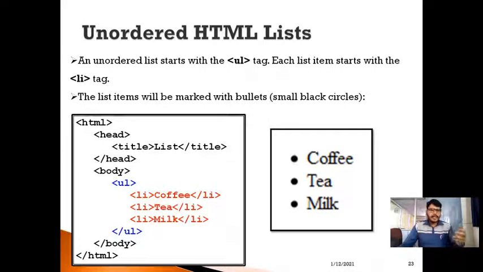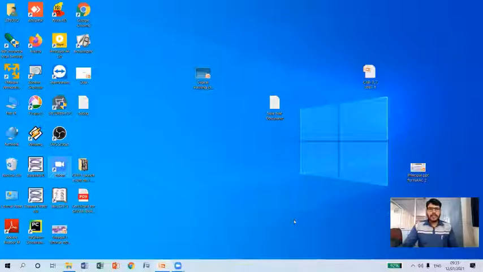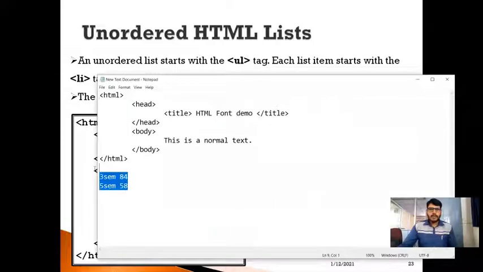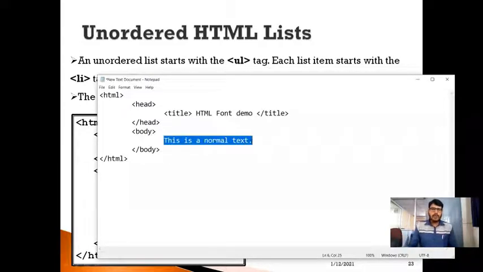So let us create this with a sample code. For that I will open a text document here. I have already written some basic tags which are necessary for creating an HTML page. I have already included the HTML tag, within this I have included the head tag and body tag, and within this body tag now I'm going to implement a heading tag.